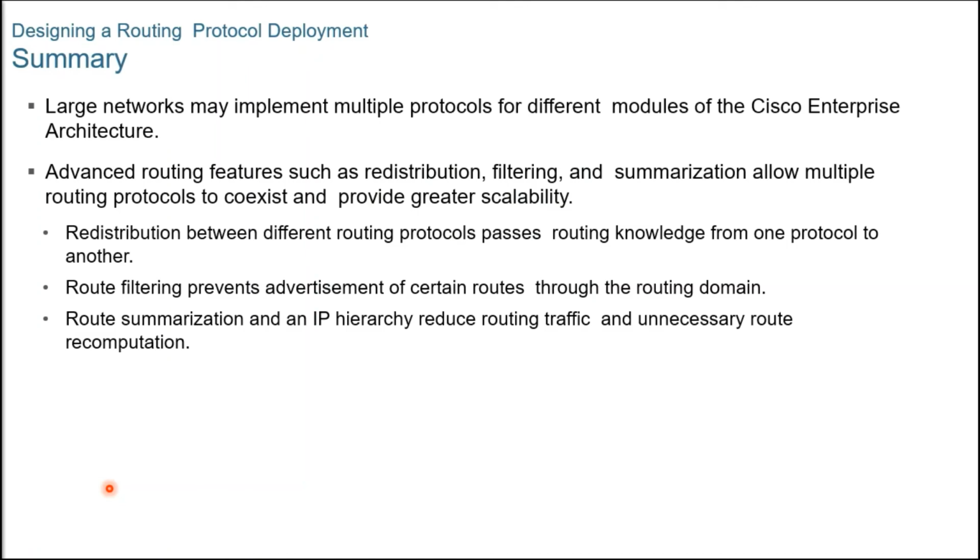Redistribution between different routing protocols passes routing knowledge from one protocol to another. Route filtering prevents advertisement of certain routes through the routing domain. Route summarization and an IP hierarchy reduce routing traffic and unnecessary route recomputation.